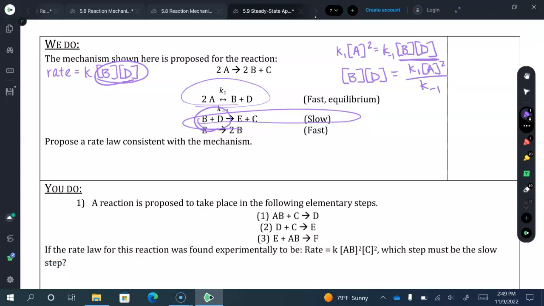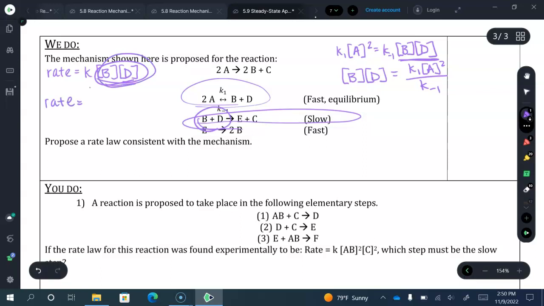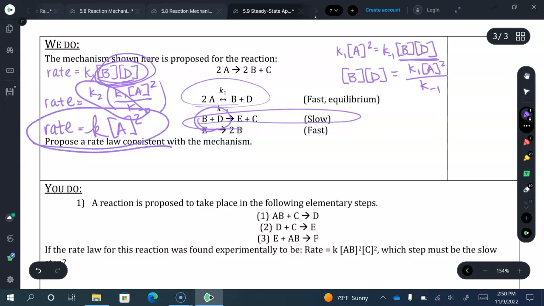That means I can plug this in for all of this right here, and so I end up with rate is equal to K, technically this is K2 because it's for the second step, times K1 times A squared over K negative 1, and I know I can simplify my K's to just K, and then I bring down A squared, simplifying everything, and so my overall rate law should be this one. And it is consistent with the mechanism because I showed through substitution how I can use the equilibrium expression to get there.